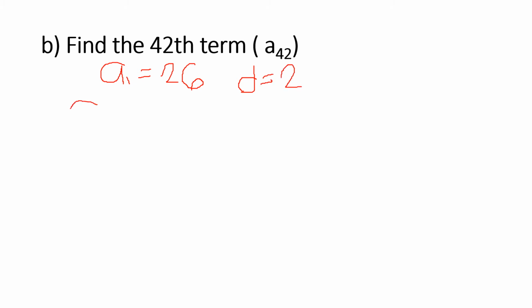So we are about to state that A42 equals A sub 1, 26, plus 42 minus 1 times the difference 2.